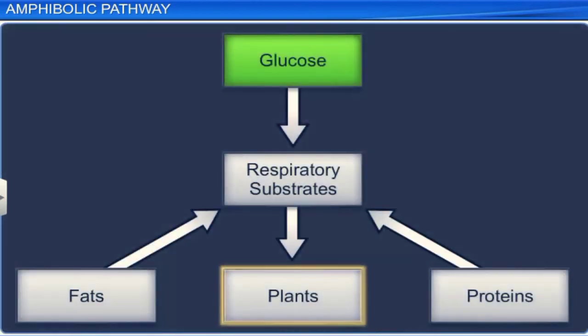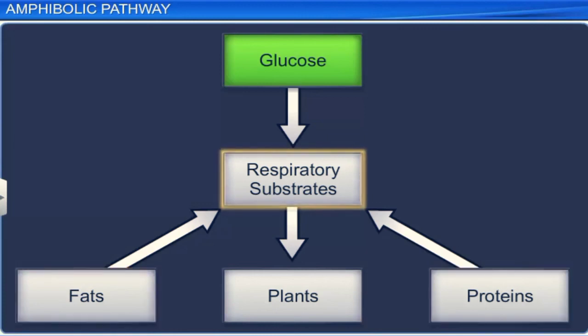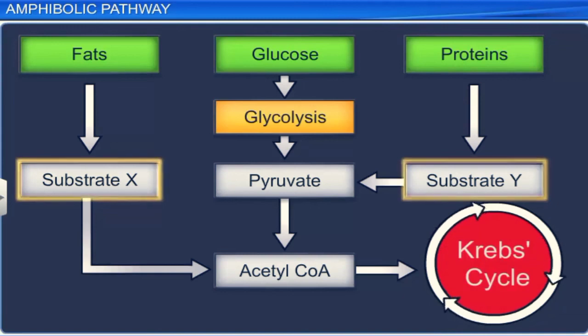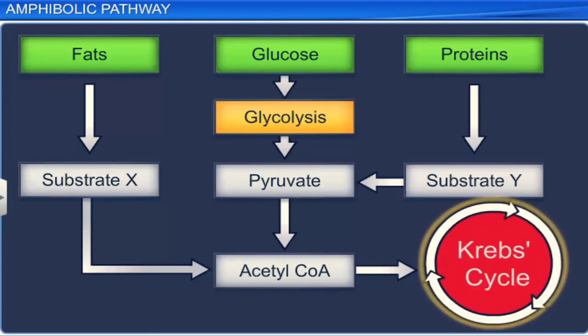But plants also use substances such as fats and proteins as respiratory substrates. Though pure fats or proteins cannot be directly used as substrates, they can enter as intermediary substrates of glycolysis and the Krebs cycle.